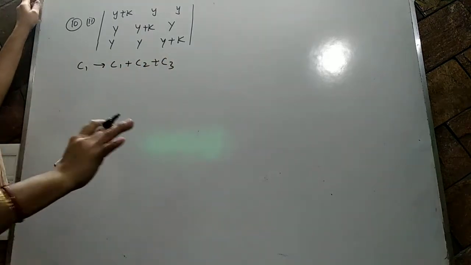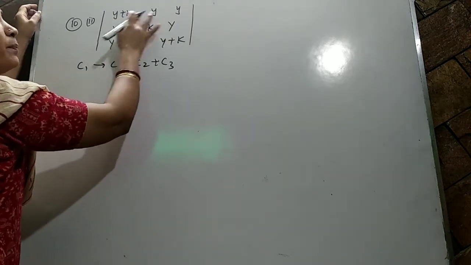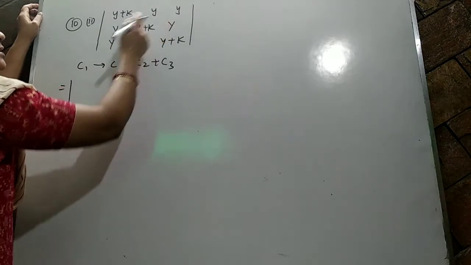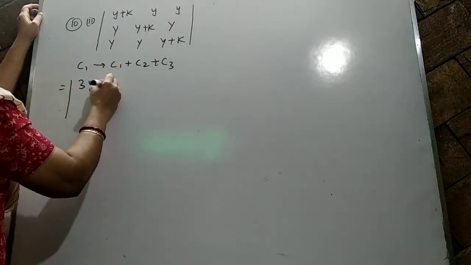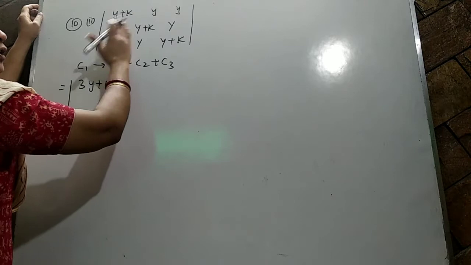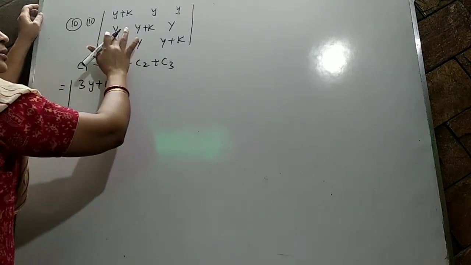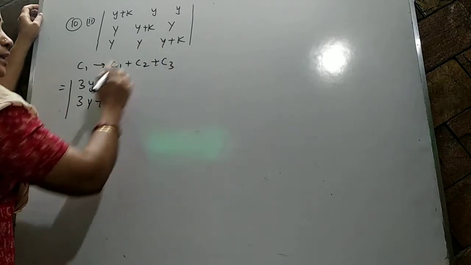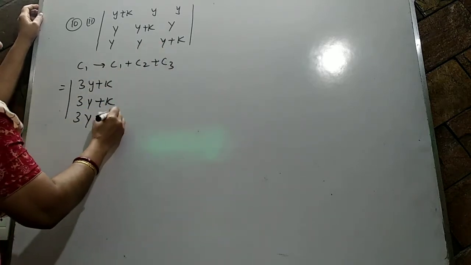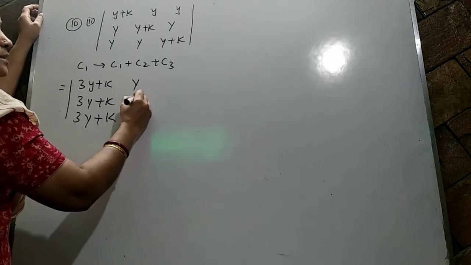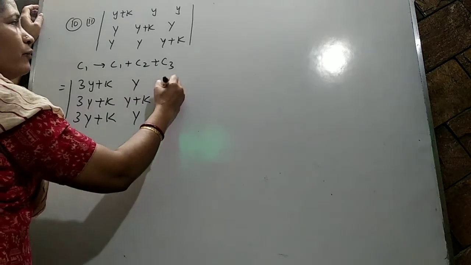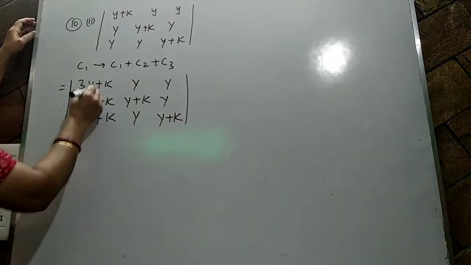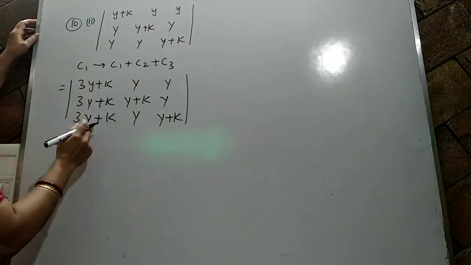If I do C1 plus C2 plus C3, I get 3y plus a k, and again this column, added vertically, 3y plus a k. Adding these three gives 3y plus a k, then y plus a k, then y, again y, then y plus a k. Now take out 3y plus a k from C1.